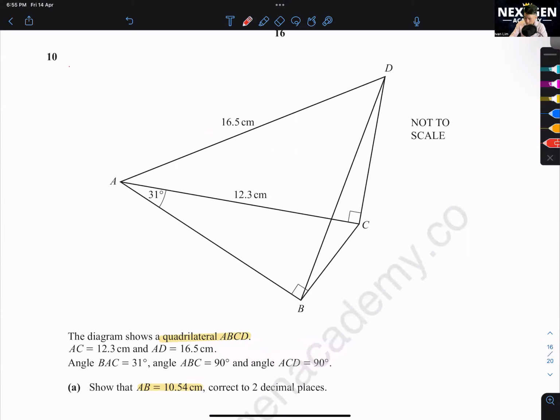Number 1, sine rule: a over sine A equals b over sine B. Number 2, cos rule: a squared equals b squared plus c squared minus 2bc cos A. Number 3, perhaps they will ask you on this also, area: 1 over 2 ab sine C.